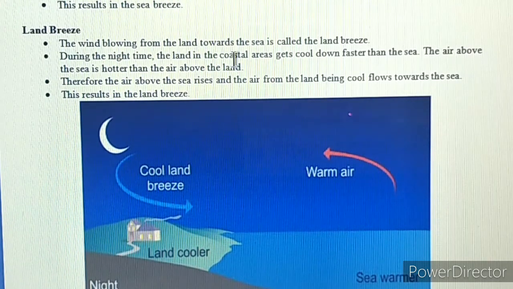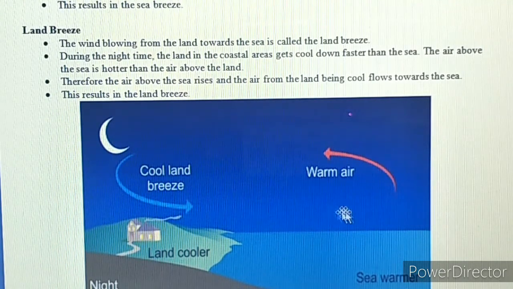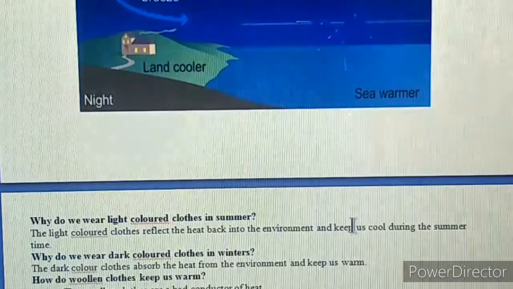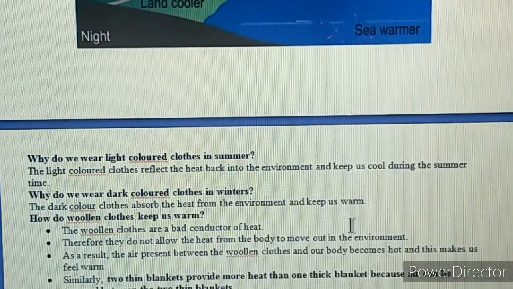So the air above the sea is hotter than the air above the land. Therefore the air above the sea rises up, and the air from the land, being cool, flows towards the sea, and this breeze which flows from land to sea is called land breeze, and it occurs during night time.